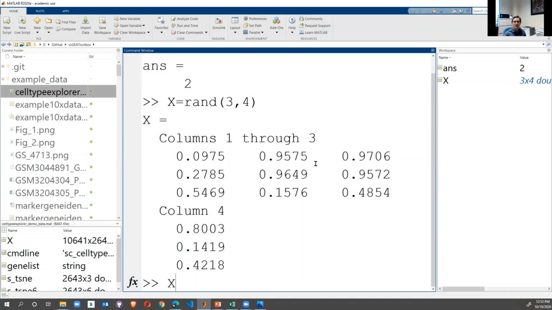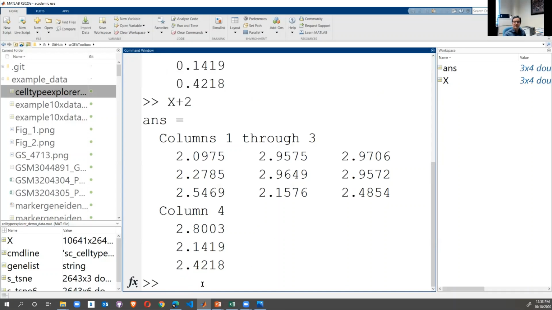All the operations are applied to the matrix itself. So if you add 2 to all elements in this matrix, you can just add 2, and every single value in the matrix will have 2 added.